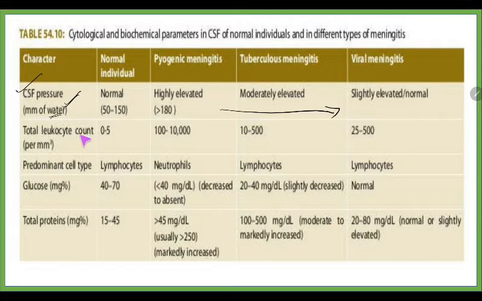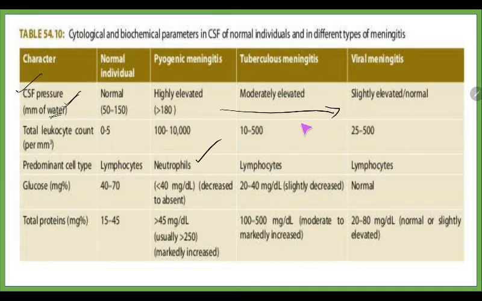Coming to total leukocyte count, it will be highest in pyogenic meningitis, intermediate in tuberculous meningitis, and viral meningitis is somewhat similar, but more in pyogenic meningitis. The predominant cell type in pyogenic meningitis is the pus cell, the neutrophil, and in all the others it is lymphocyte.